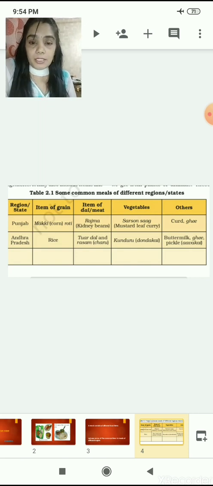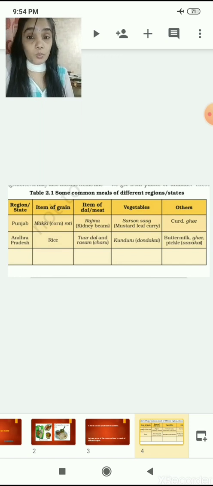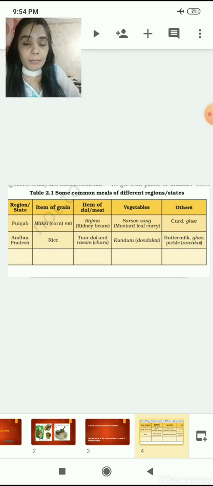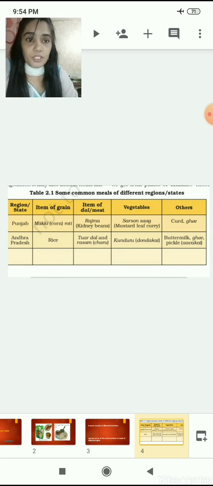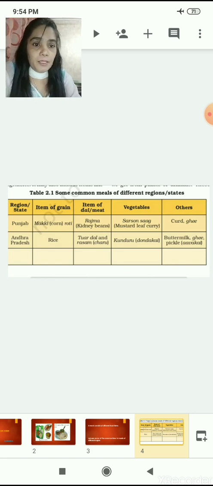Avakai pickle is very familiar in Andhra Pradesh. It is very tikha, that is spicy. So these are the common meals that we see in different regions and states. All this we have learned in chapter 1 itself, children.